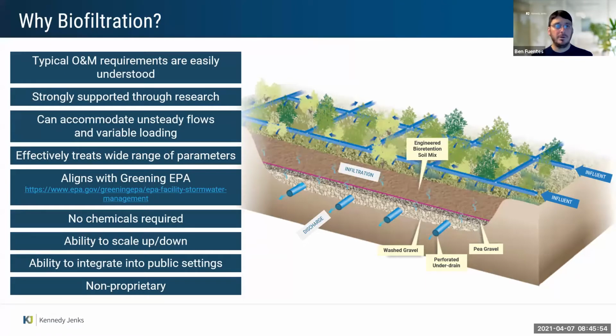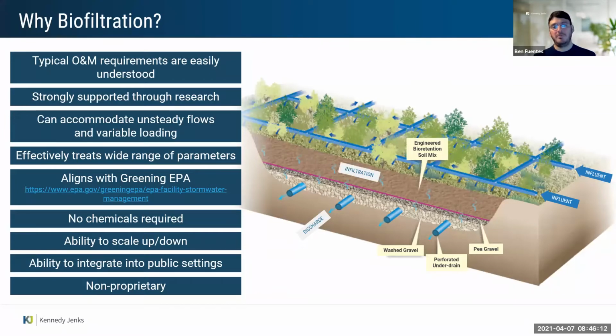A few other pros for why biofiltration is selected: it aligns well with EPA goals, chemicals can be avoided, and there's an ability to scale it up and down. These systems can get large depending on how much water you want to send to them.